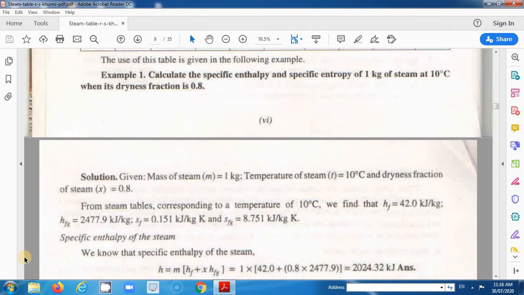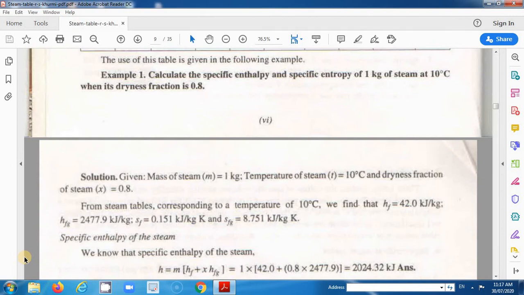So we have to calculate Hg. What is Hg? Hg is nothing but Hf plus Hfg. And if it is wet steam, then H is equal to Hf plus x Hfg. So that formula we have to use.